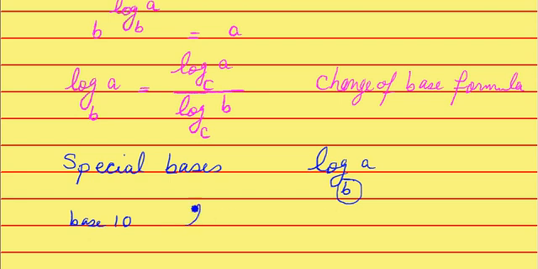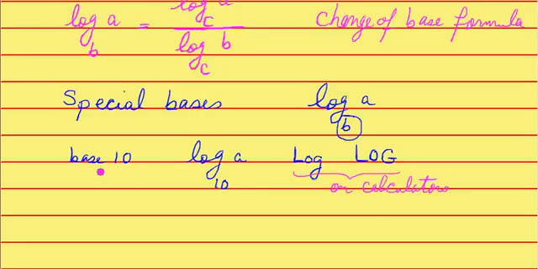So logarithm in base 10 is one special logarithm. On your calculator, this is probably shown by a capital L O G, or perhaps all capital. So this notation of LOG in capital is used on calculators and in some text to indicate that you are doing base 10 calculations.